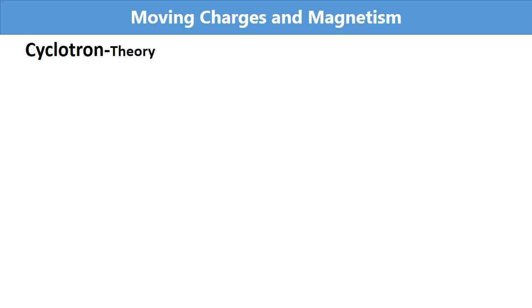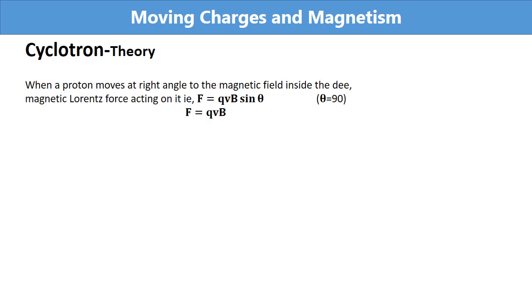When a charged particle Q is moving in a magnetic field with a velocity v, the expression for magnetic force is F = QvB sin theta. Here, when the proton is moving at right angle to the magnetic field inside the D, the value of theta will be 90 degrees. So the equation for magnetic force will be F = QvB.